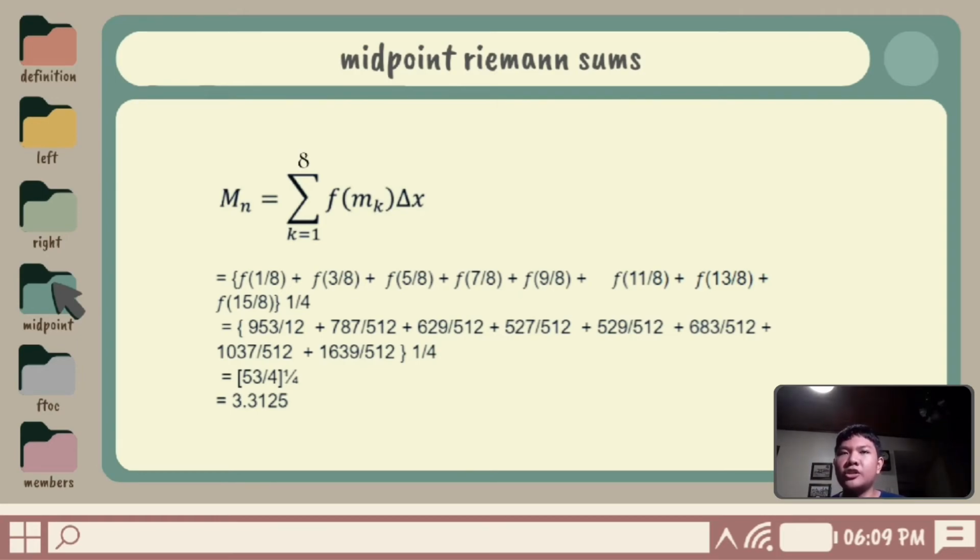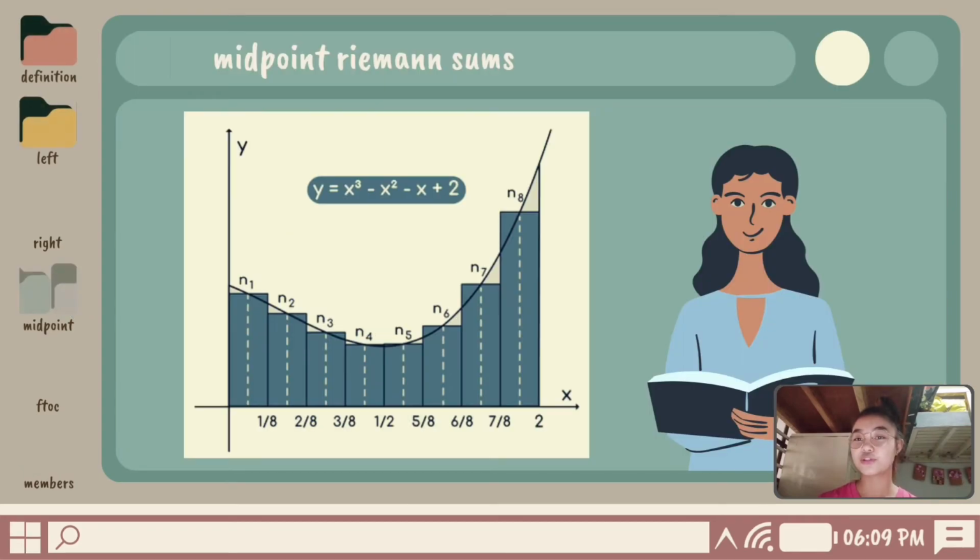So this will result in 53 over 4 multiplied by 1/4. Getting the decimal form, we can have 3.3125 as a result.